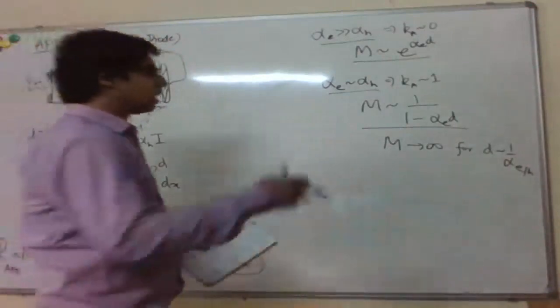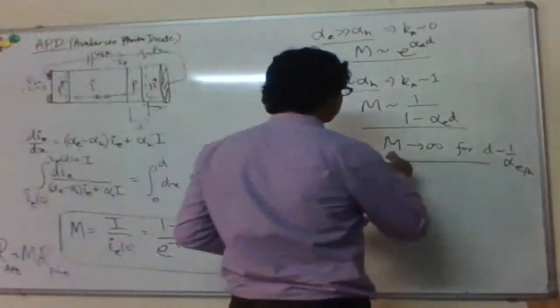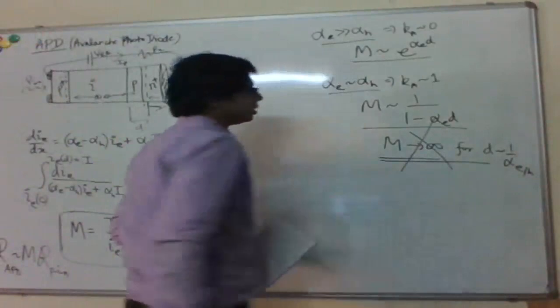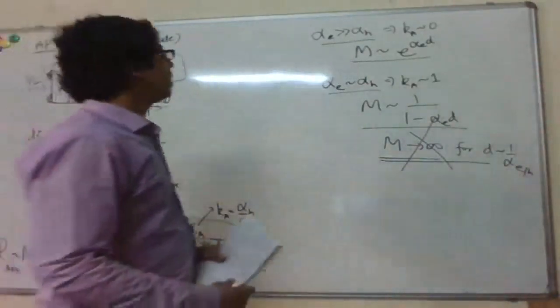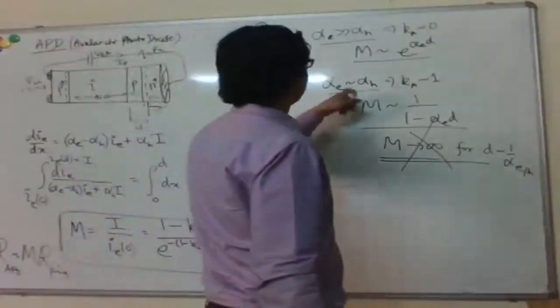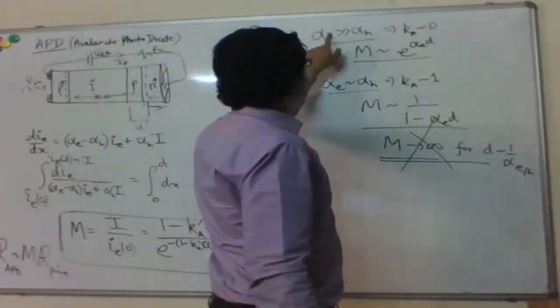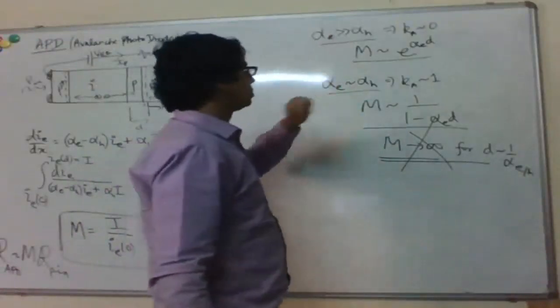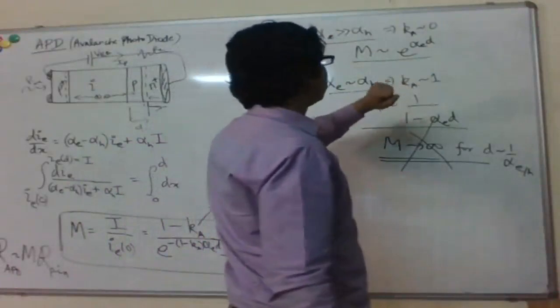So the noise will also be extremely large. So typically this scenario is avoided anyway, and as I said, for most semiconductors alpha e is at least bigger than alpha h. So you're away from K equal to 1.